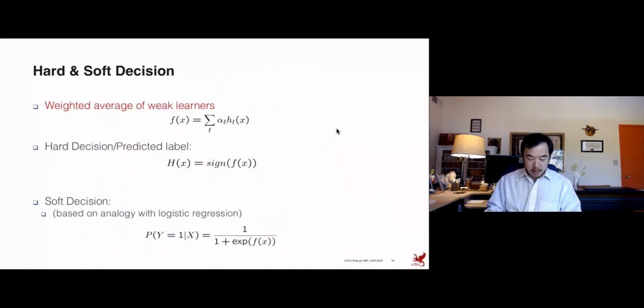In terms of making decisions, very often we make hard decisions using a sign function, but sometimes soft decisions give you a way of defining either confidence or margin.